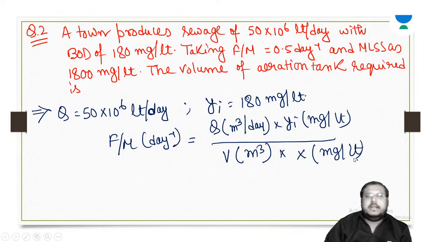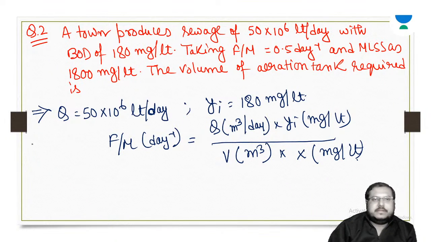That is the ideal unit line, and X is MLSS given 1800 milligram per liter.